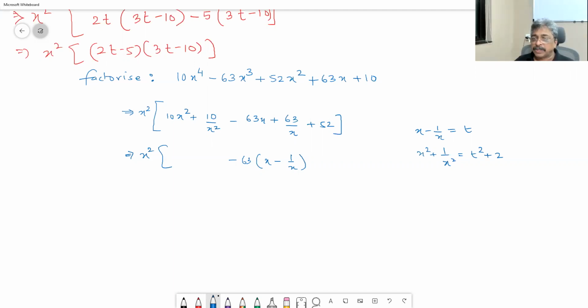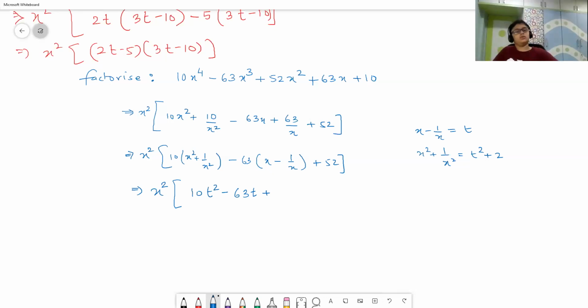So x square plus 1 upon x square is equal to t square plus 2. So this is 10 times x square plus 1 upon x square plus 52. That is your second step. Then you do the substitution. You get x square inside bracket 10t square minus 63t plus 52 plus 20, that is plus 72.